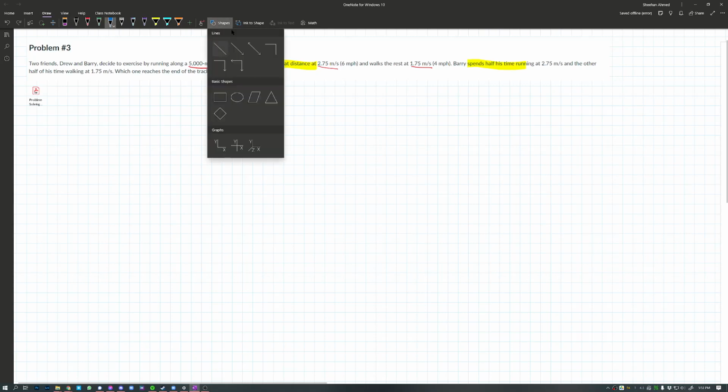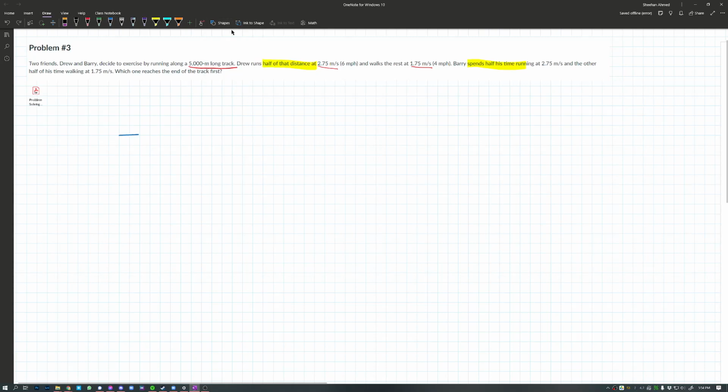We have a track. So this is our track. We could say this is the starting point, 0 meters, and this is the ending point, 5,000 meters long. Let me follow my own convention.